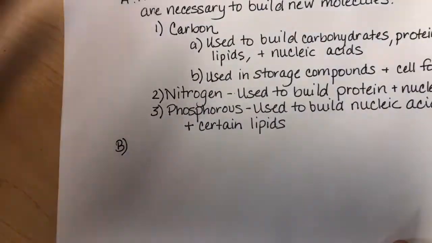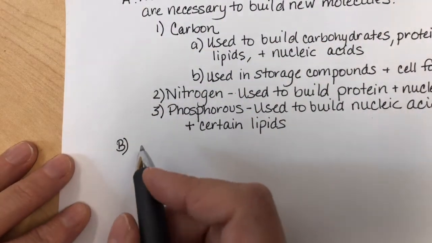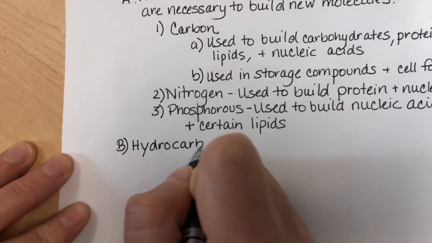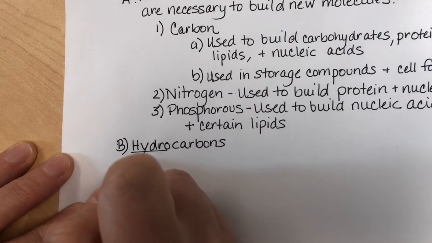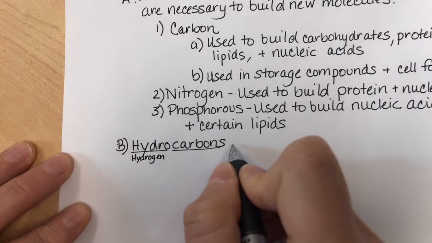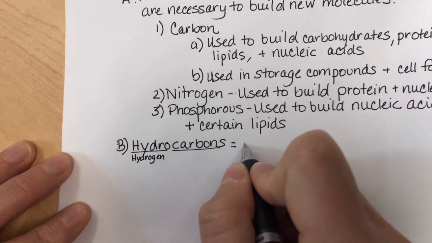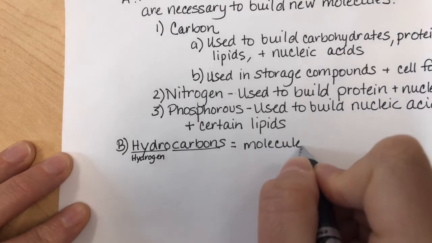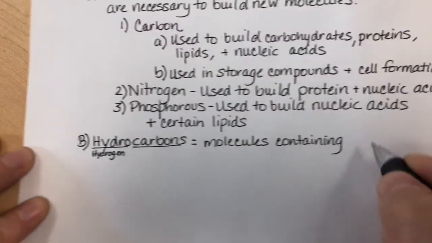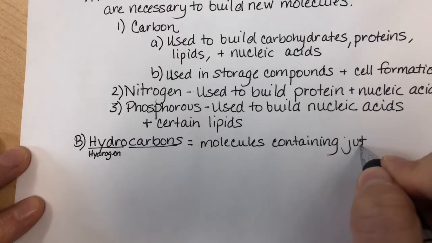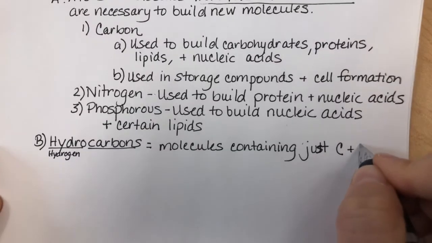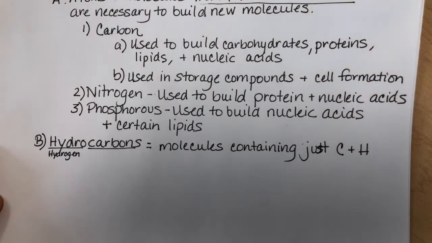So if a molecule is just made out of those two elements, carbon and hydrogen, they are considered hydrocarbons. Hydro referring to hydrogen, and then carbon referring to carbon. All right, so these are molecules containing just, and I'm going to abbreviate C and H for carbon and hydrogen.